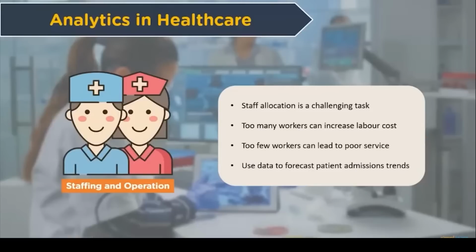If you put too many workers, the risk of having unnecessary labor costs go up. Too few workers, you can have poor customer service outcomes, which can be fatal for patients. So business analysts can use data to forecast patient admission trends at specific times of the day and provide insights to the staff managers to assign the right number of staff during peak and slow periods.